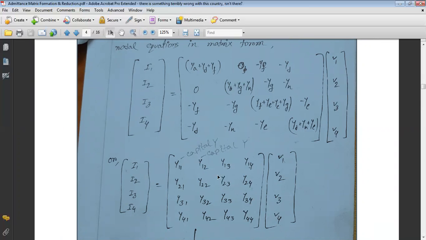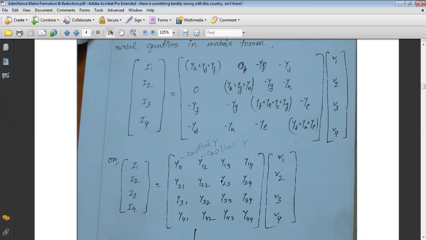So this is a simple difference between the element of the bus admittance matrix and the network admittance value. That's why this is the small y and this is the capital Y, because the small y directly represents the network admittance value and the capital Y represents the element of the bus admittance matrix.